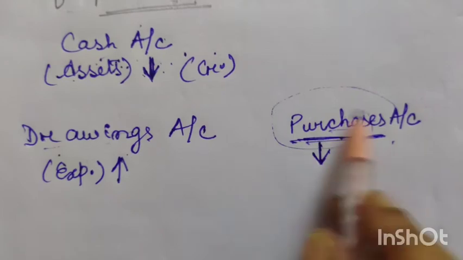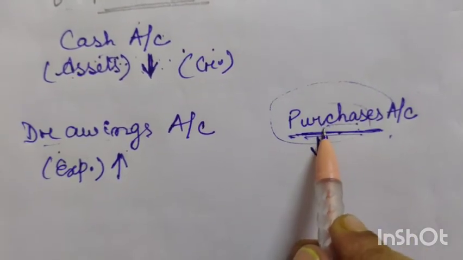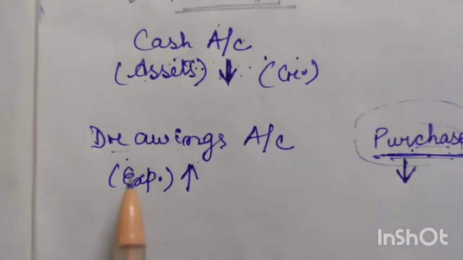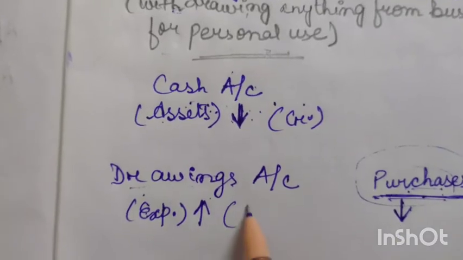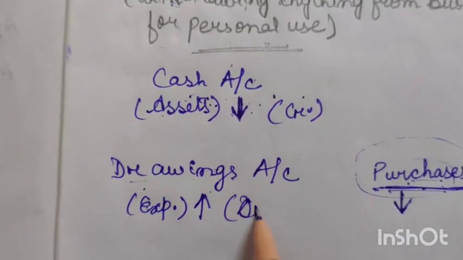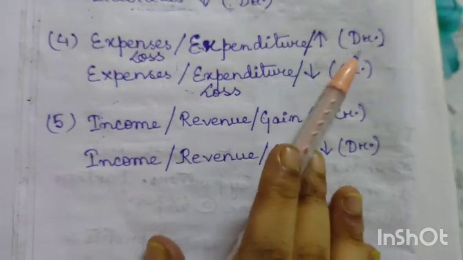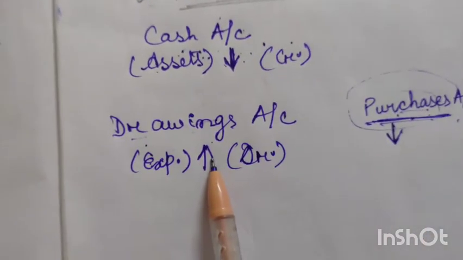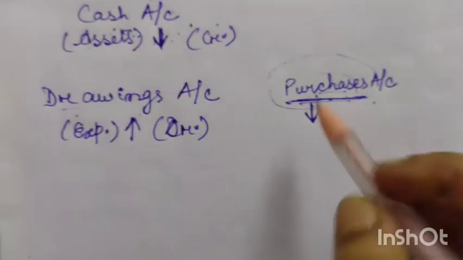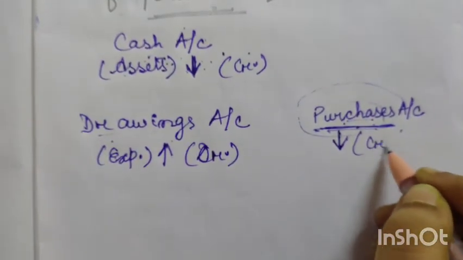By purchasing it. That is why it comes under purchases account. Now see the logic. According to the rule of accountancy, if expenses increase, then debit. So here drawings will be debited, and since it is debited, obviously the other account will be credited.